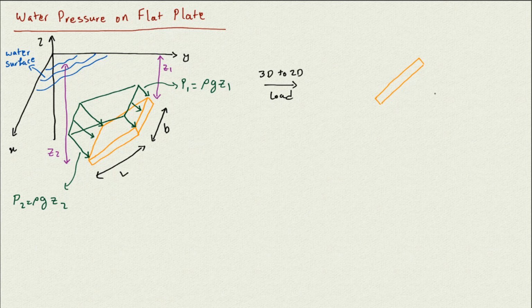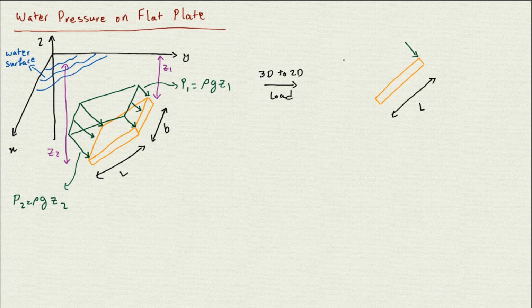We know the length L and the width B, and then I put the pressure on that to make it 2D. And remember, the pressure is always normal to the surface.